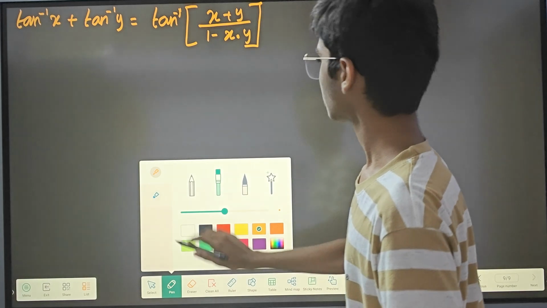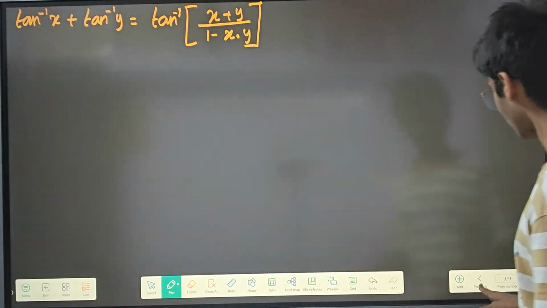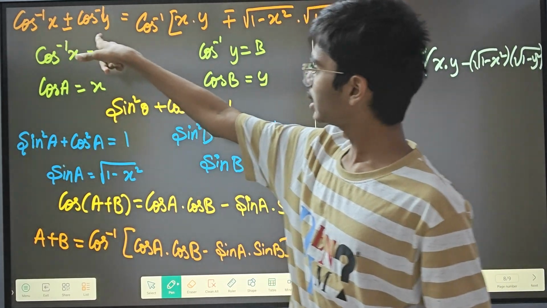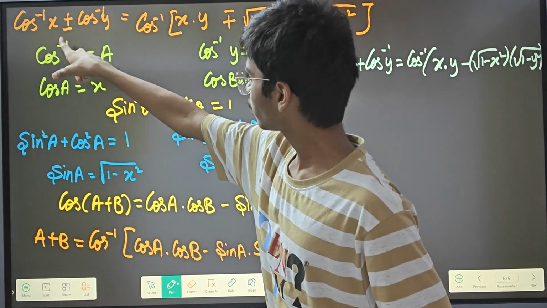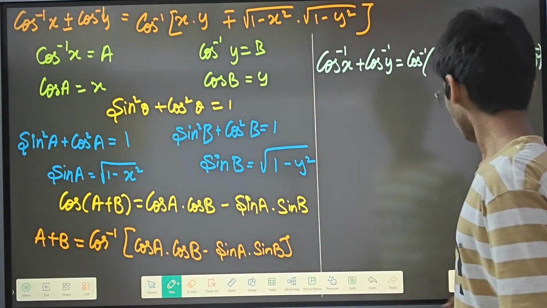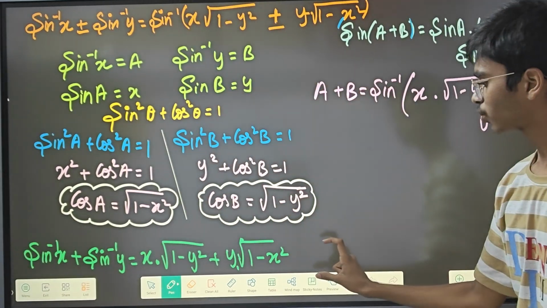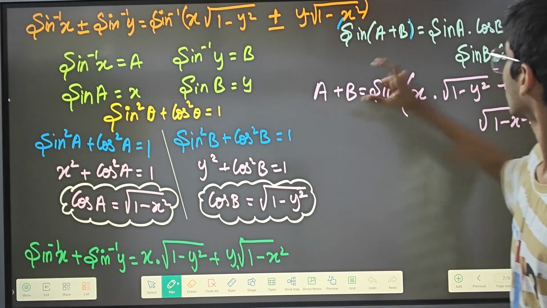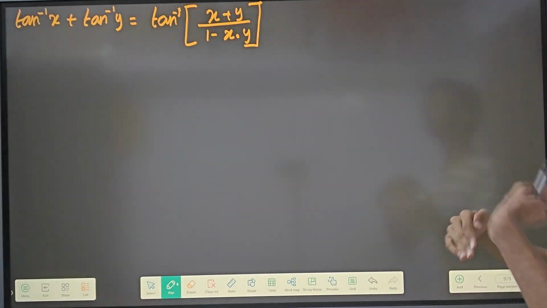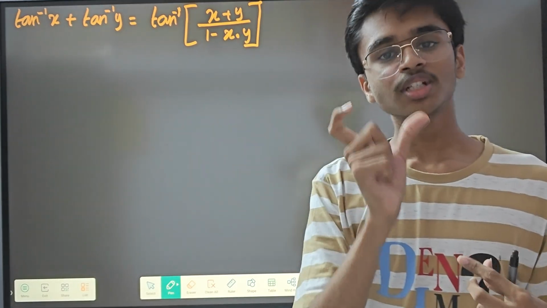How will you prove this? Very simple, only one trick, and it is not even a trick. It's something that you would already know. For cos inverse of x plus cos inverse of y you have used that formula, and for sine inverse of x plus sine inverse of y you have used this formula. For every inverse trigonometric expression, you are going to use its own respective normal trigonometric formula.